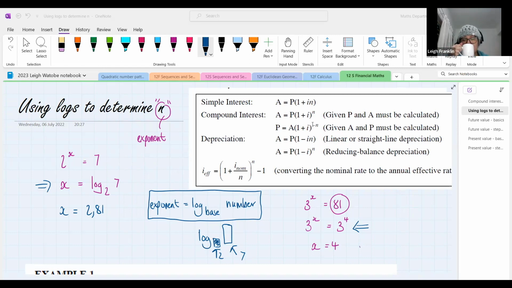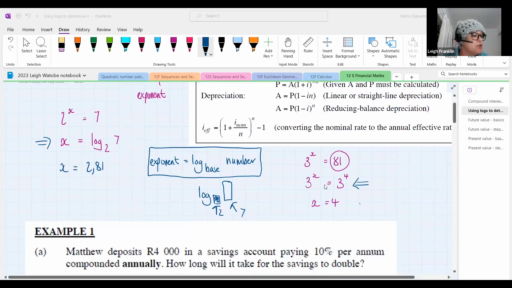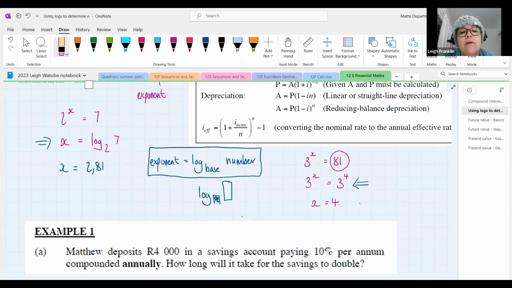Ma'am, how do you type that in a calculator without writing log 27? Okay, so the button that you use is the top right-hand corner on your keypad. Sort of just below your on button, you will see a button on your calculator that looks, I'm just going to draw a block around it.